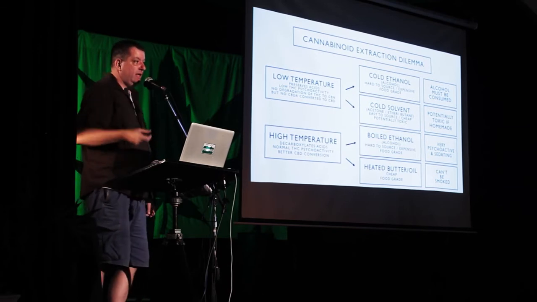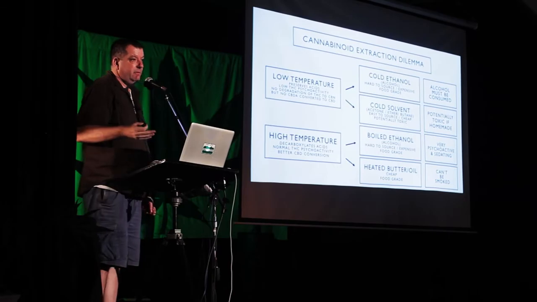It's great because the butane evaporates at room temperature, so you don't have to heat it at all. So basically the cannabinoid profile of your final product is exactly as what was in the plant, which may or may not be a good thing if you actually want THC instead of THCA or CBD instead of CBDA. You might have to heat it just to get to the right profile in the end.